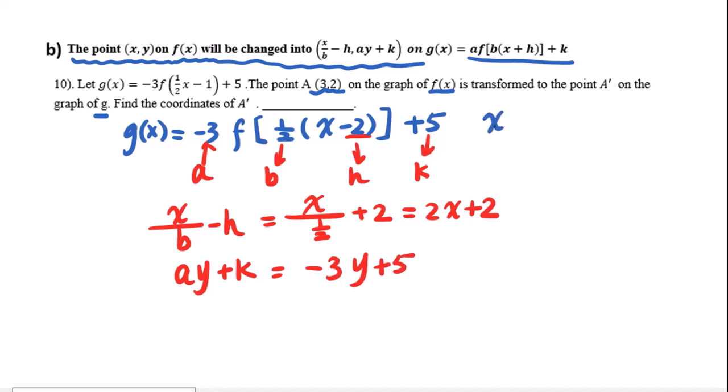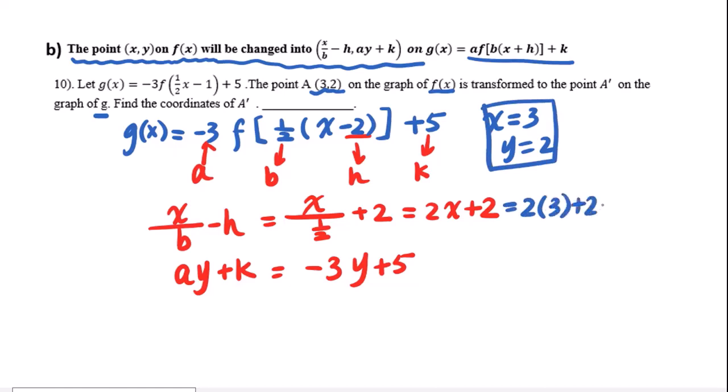We know x equals 3, y equals 2. We plug in here. 2 times 3 plus 2 equals 8. Negative 3 times 2 plus 5 equals negative 1. So the coordinate for A prime will be (8, negative 1).